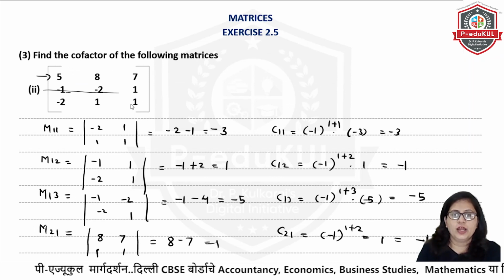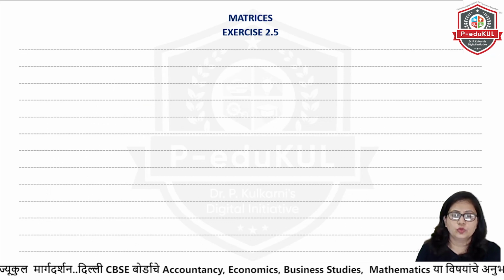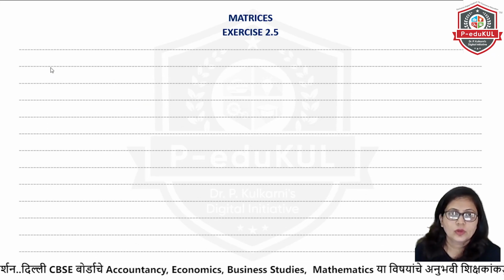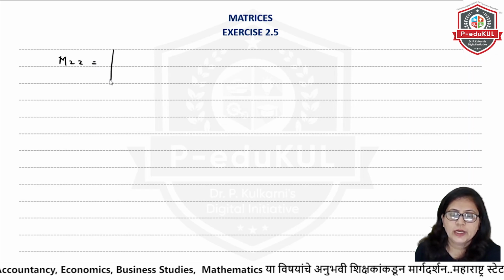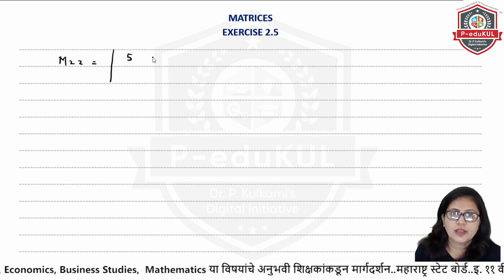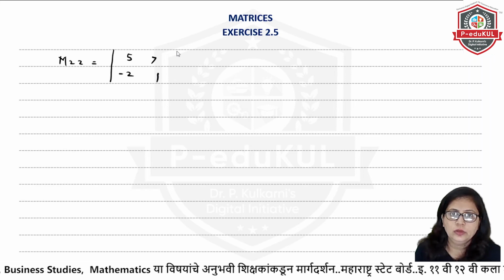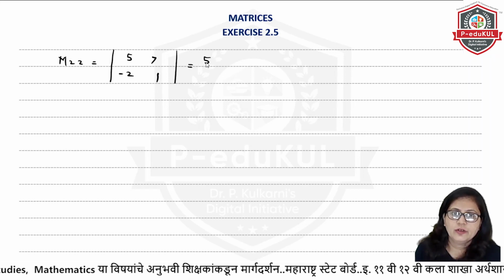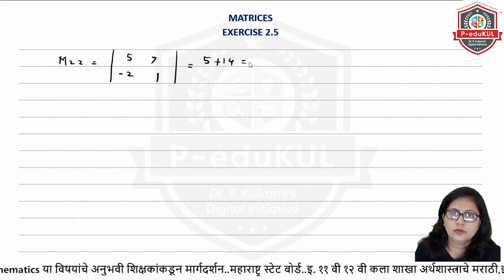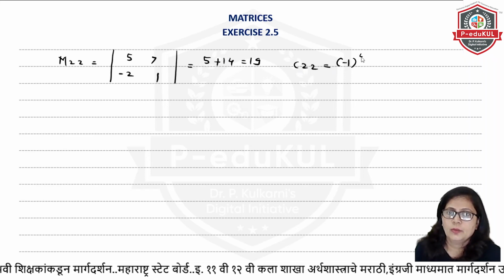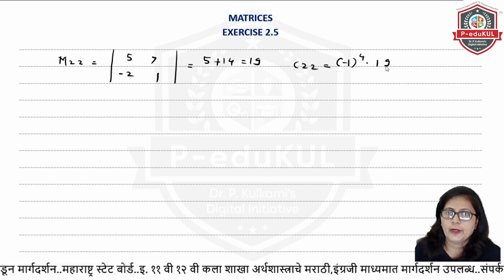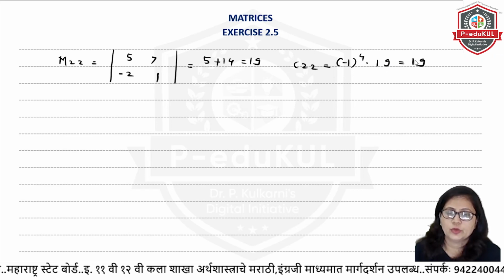Now M22 I have to do. Okay. So I'll do M22. My M22 will be neglecting those elements. I'll get it as 5, 7, minus 2, 1, which I'll be getting 5 minus 14, which is 19. And then my C22 will be what? Minus 1 raised to 4 into 19. So that will be plus 19 only.